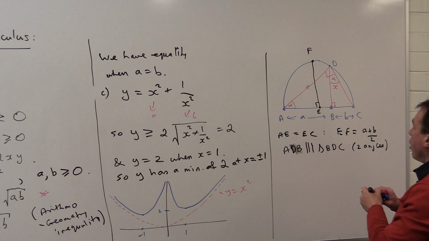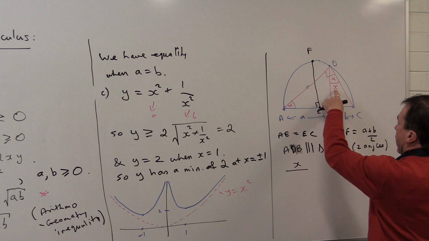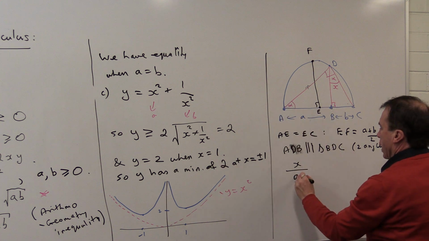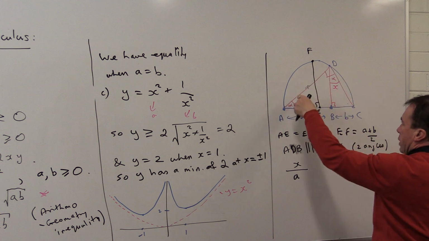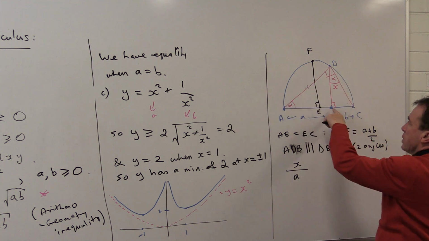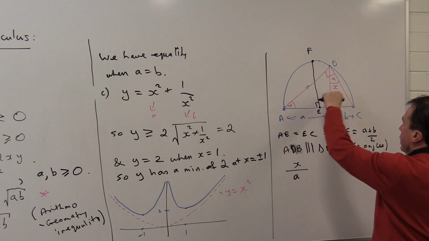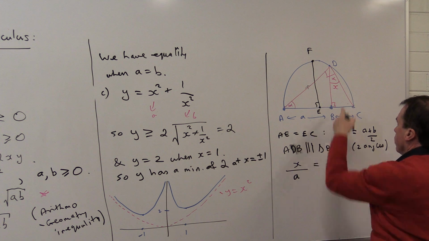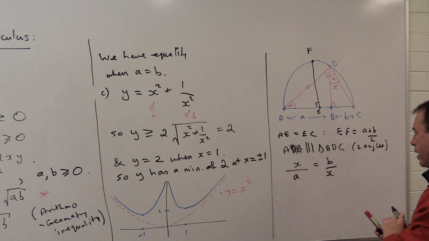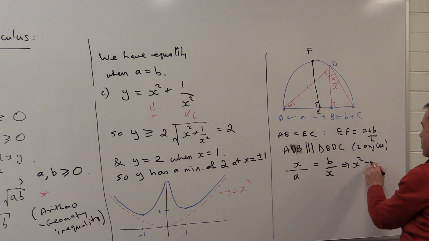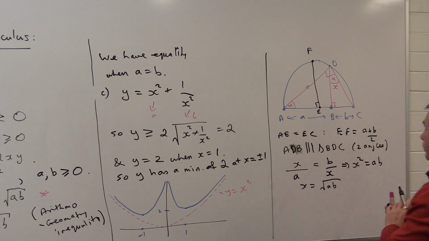So that means I can write down that this length DB, that's x divided by the base, which is A, in this triangle. That's the side opposite the angle alpha, divided by the other non-hypotenuse side. In this triangle, that's going to be equal to B divided by that side, which is x. And if I cross multiply, I get x squared is AB, and that says x is equal to the square root of AB.